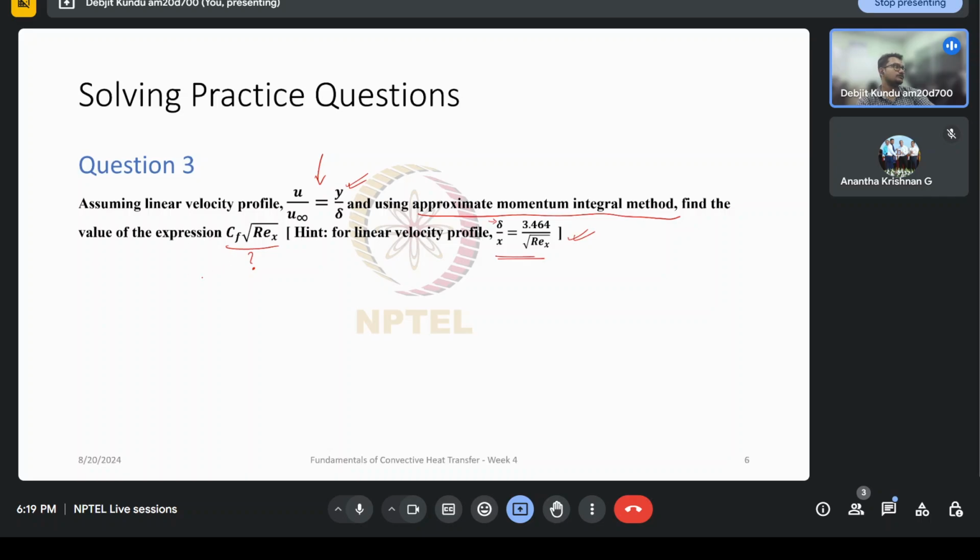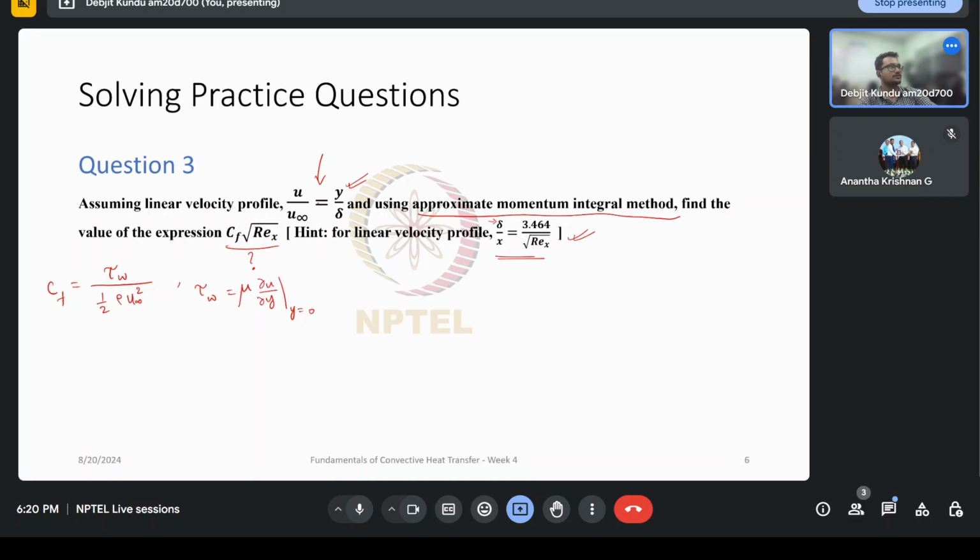So the way to do this would be to first of all start off with associating CF with the velocity profile. What is CF? By definition, it is the shear stress at the wall over half rho u infinity squared. And the shear stress at the wall we know can be found by using mu into dou u by dou y, Newton's law of viscosity, at y equal to 0.